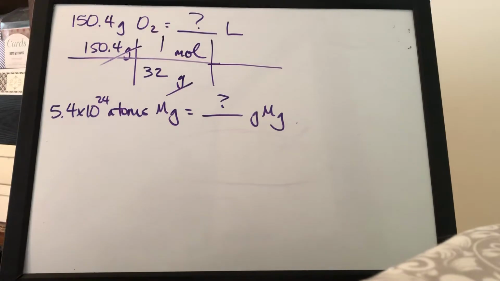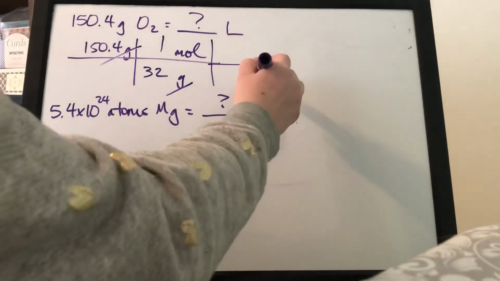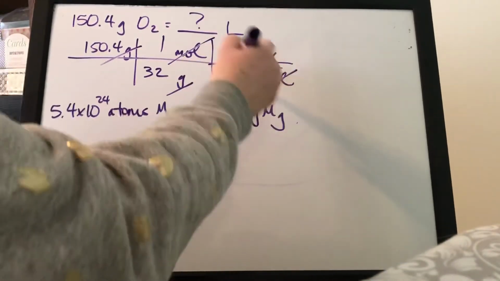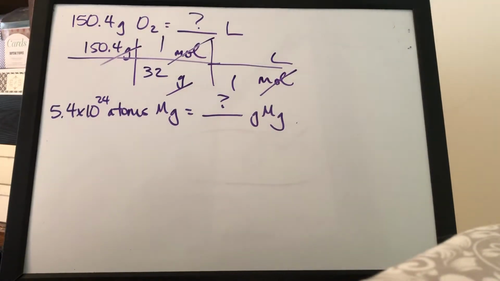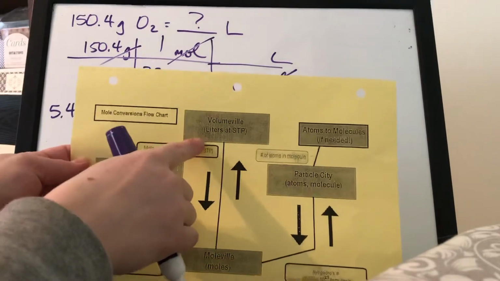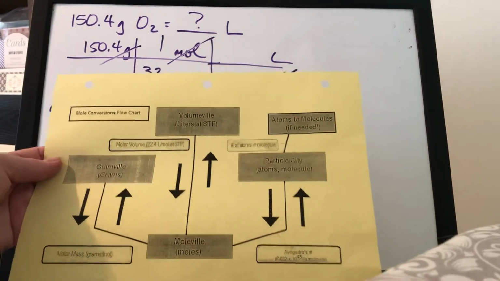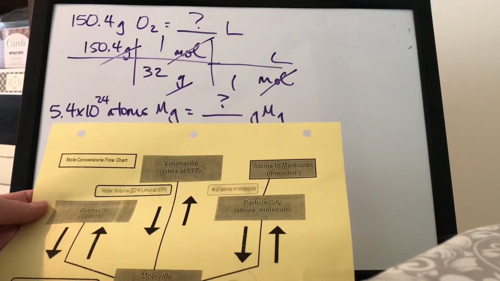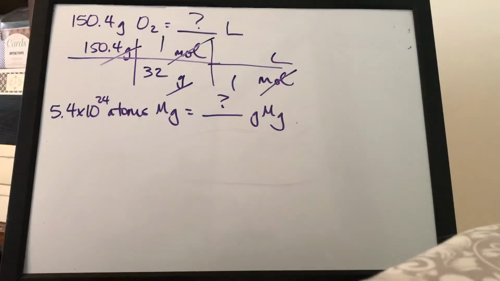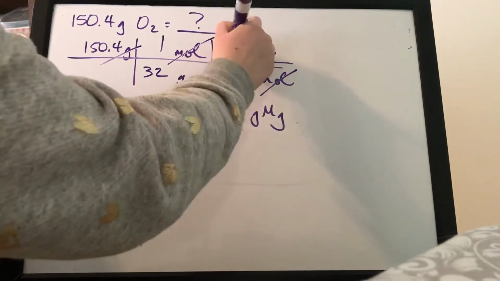And now we're in moles, and we're trying to change to liters. So moles on the bottom, liters on the top, always a 1 with mole, kind of a nice cheat to remember. And then if you can't remember this conversion, it's on your flow chart, and this is the molar volume conversion that says that 1 mole is equivalent to 22.4 liters.